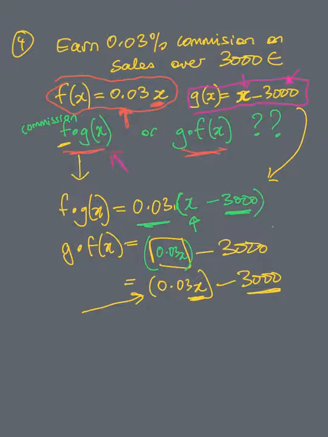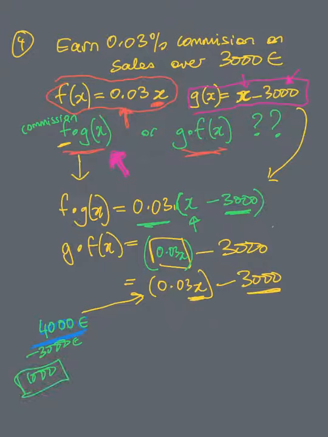But if you're a little bit confused, then let's just test it out. Let's say, for example, you sold 4,000 euros worth, because you don't earn any commission unless you sell more than 3,000, okay? So you've sold 4,000 euros, take away the 3,000, which means you've got 1,000 of sales to earn commission on.